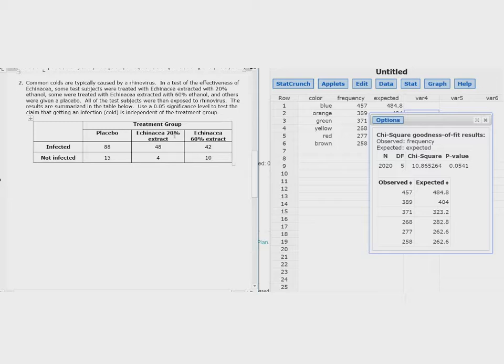One got a placebo, one got a 20% echinacea treatment, the other one got a 60% echinacea treatment. And what we're testing here is whether the status of getting an infection or not is independent of the treatment group. In other words, whether the echinacea treatment is effective or not. Because if it's effective, then our status for infection or non-infection is going to be different for the echinacea treatment than it is for the placebo.